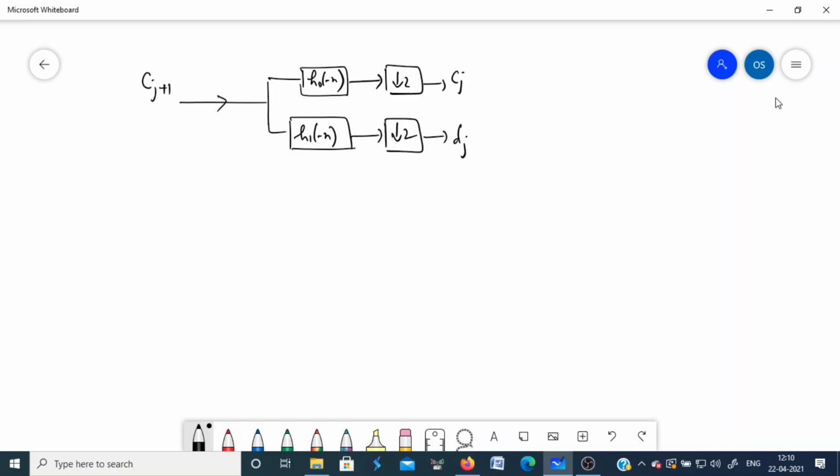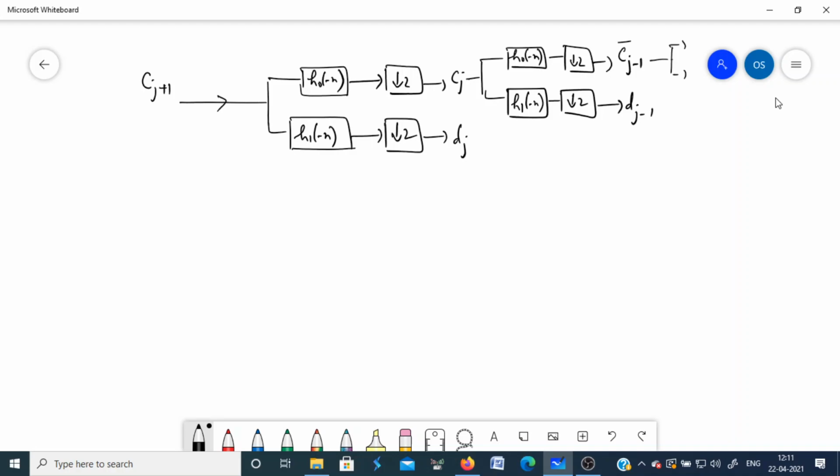Okay, then this cj can be again decomposed. You can again pass these expansion coefficients through the same filters, that is h0 of minus n and h1 of minus n, and downsample by a factor of 2, you will get these coefficients at a lower scale, that is c of j minus 1 and d of j minus 1, and so on.